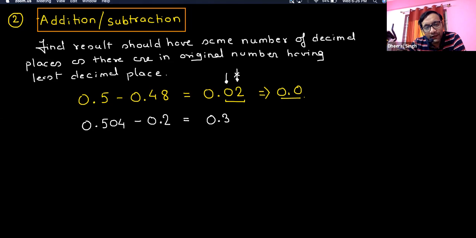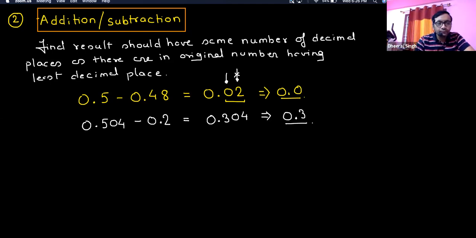It should retain least decimal place. Mathematically, it is this. If I use the above rule, I need to write it as 0.3. So this is how you take care of the significant figures in case of arithmetic operations. 4 basic operations: addition, subtraction, multiplication, and division.